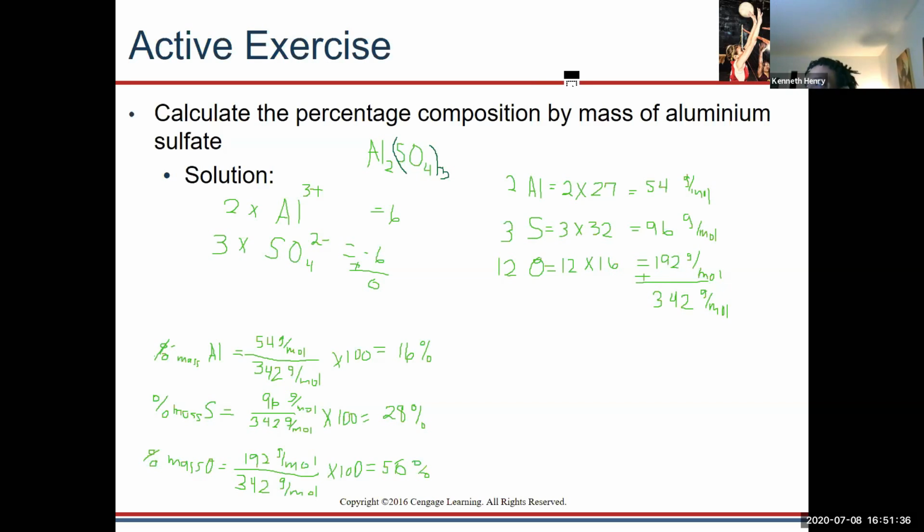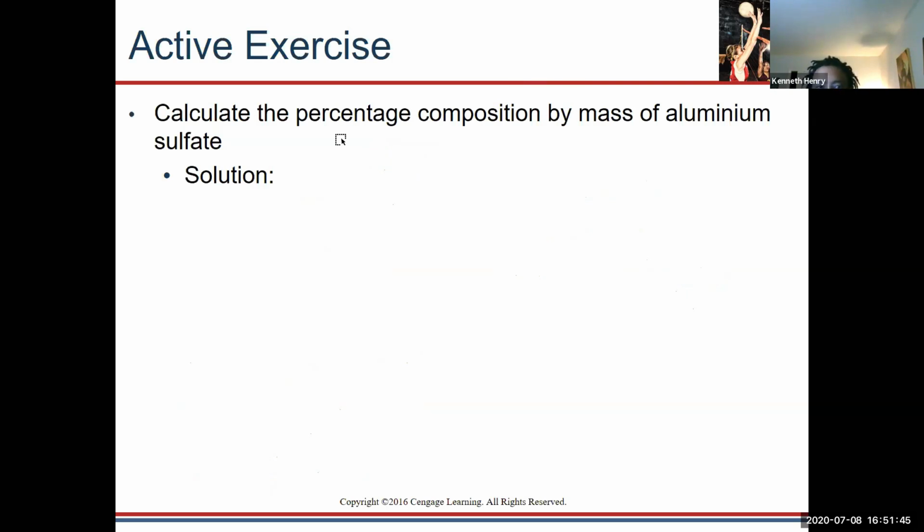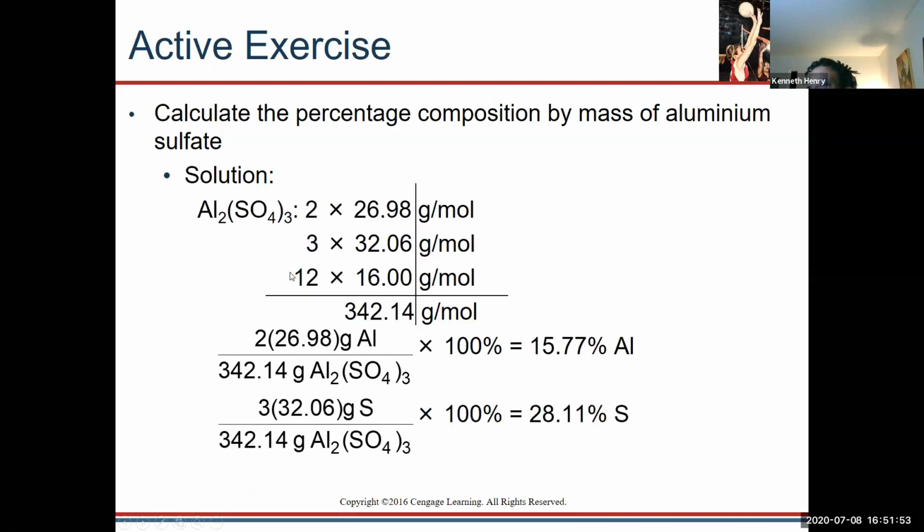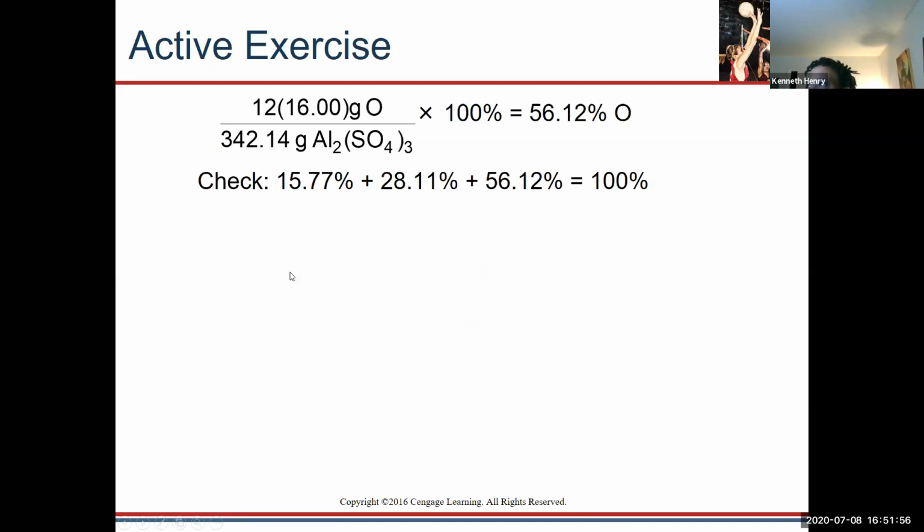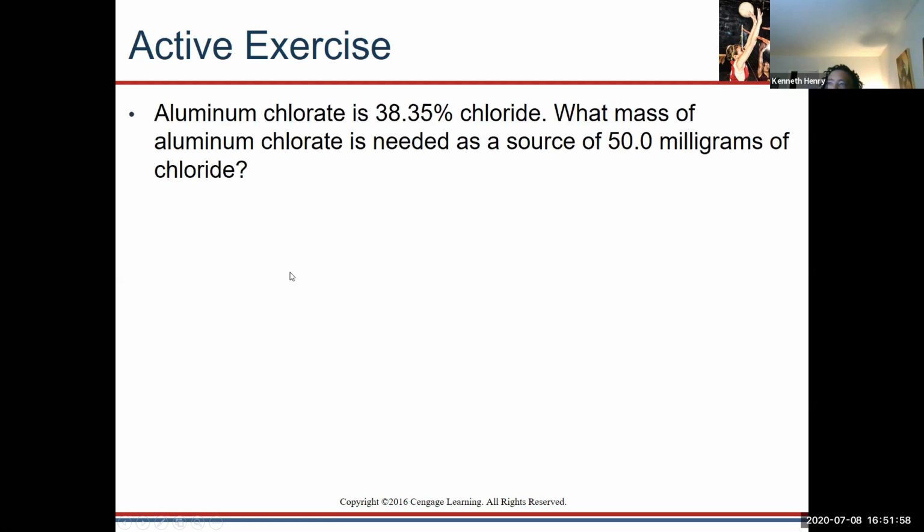Okay, you guys ready for the next one? Yes. How are we doing on time? We're doing pretty good. Got an hour and a half left.